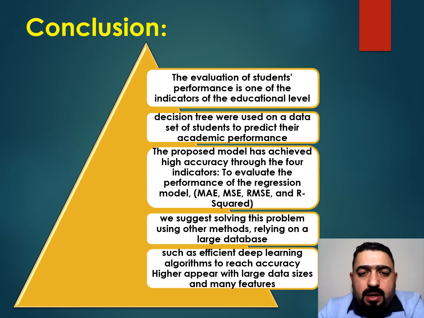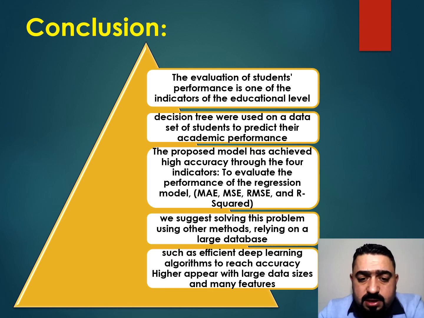Conclusion. The evaluation of students' performance is one of the indicators of the educational level. Decision trees were used on a data set of students to predict their academic performance. The proposed model has achieved high accuracy through the four indicators used to evaluate the performance of the regression model: MAE, MSE, RMSE, and R squared.